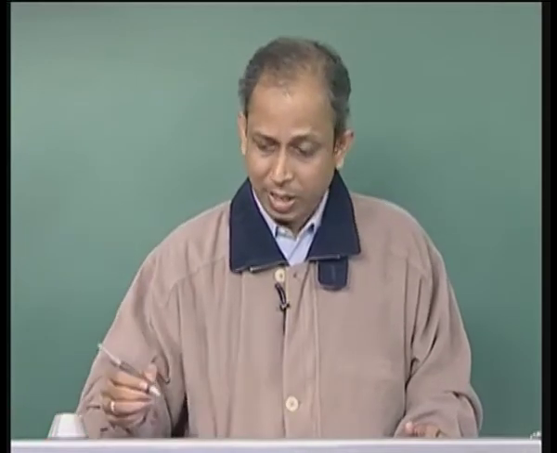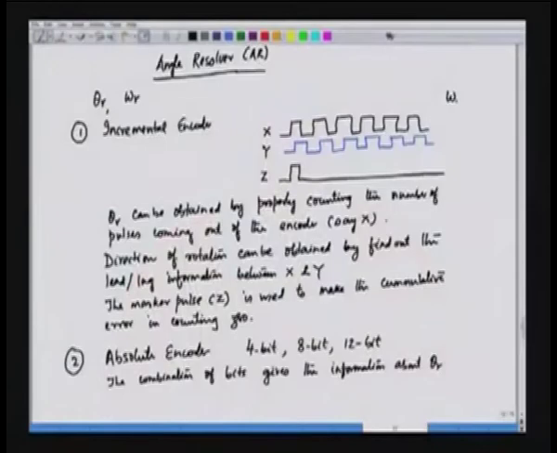So, after finding out that, we can calculate this omega r by having this expression that delta theta r by delta t is the rotor speed, that is omega r.